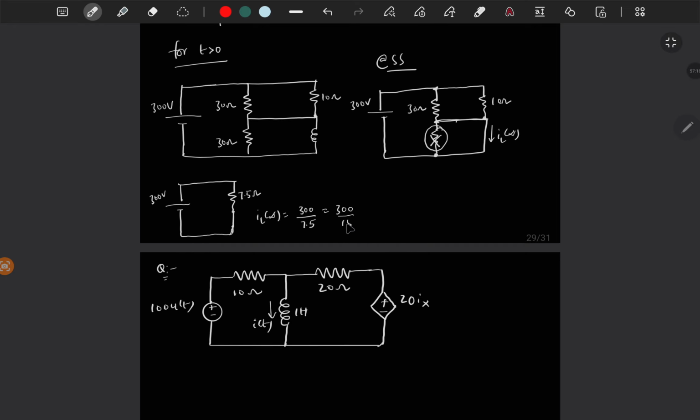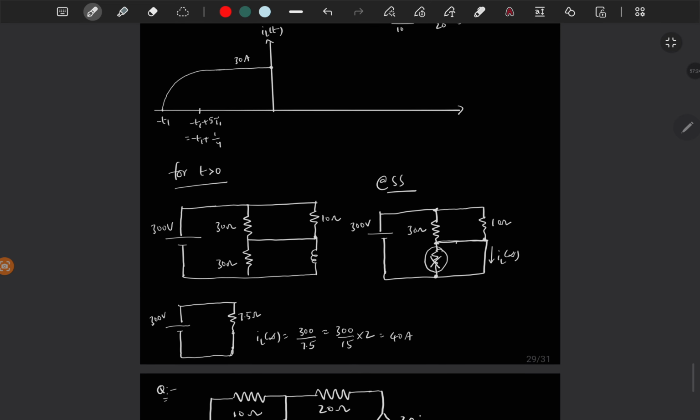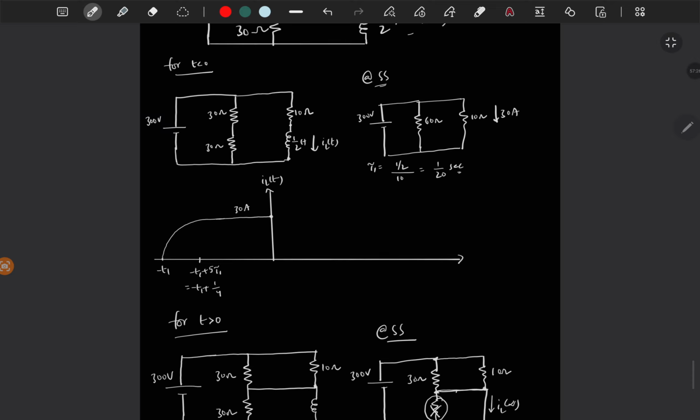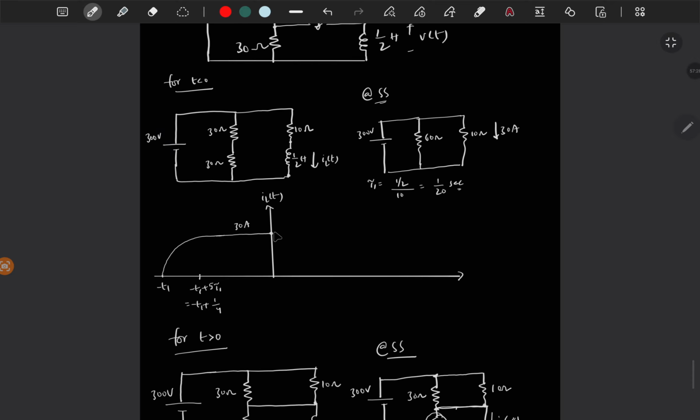So 300 by 15 by 2, which is 40 amps. Yeah. So finally from 30 this will charge to 40 amps and it will stay at 40 amps.